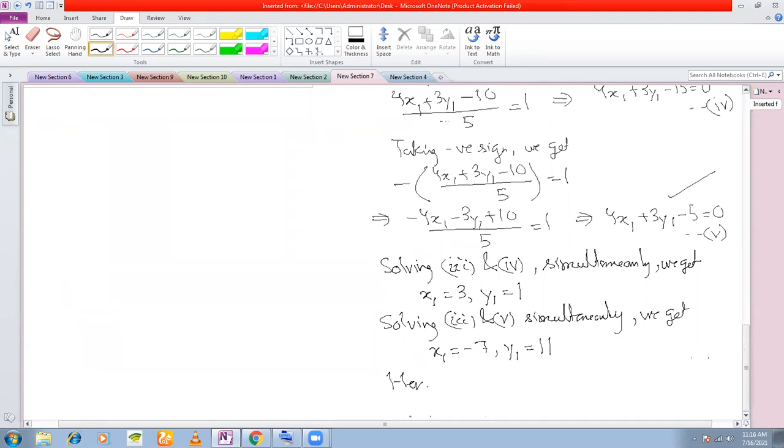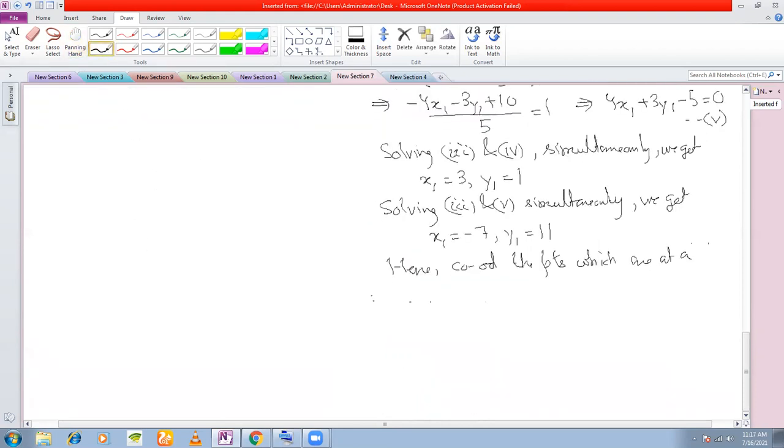Hence, coordinates of the points which are at a unit distance from the line.